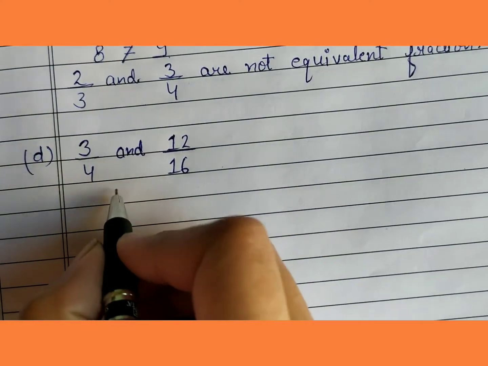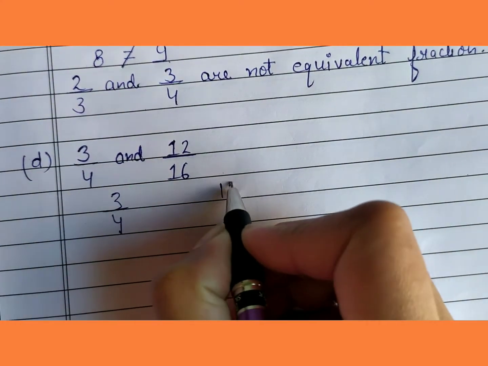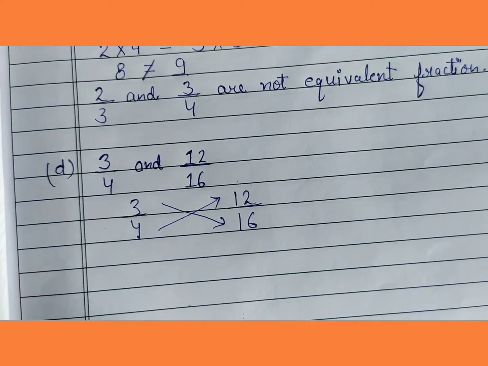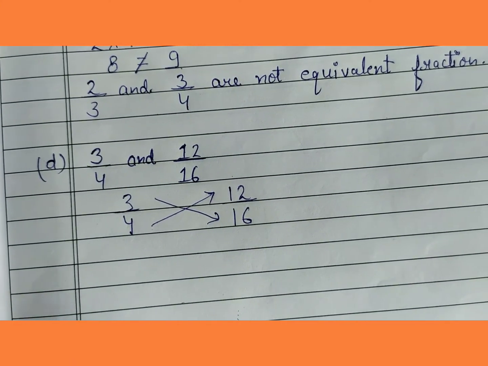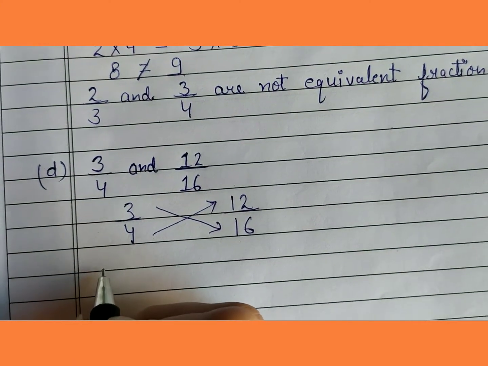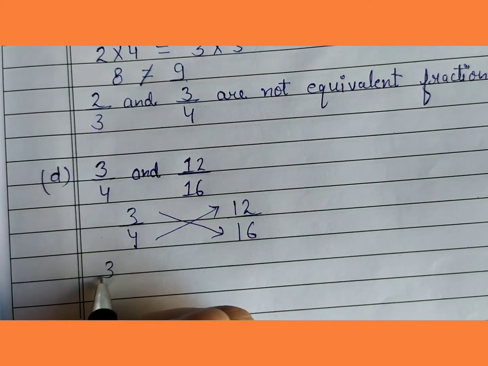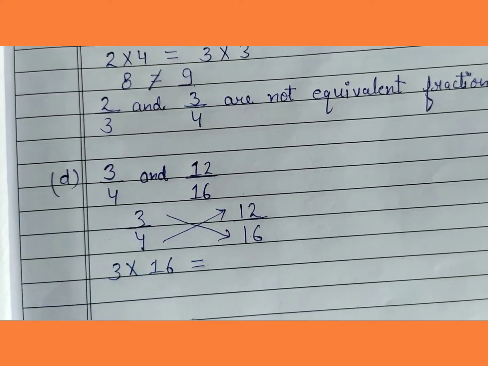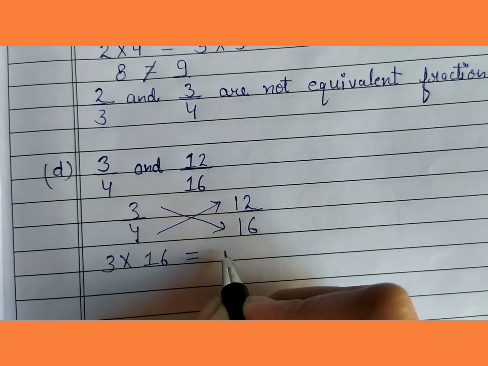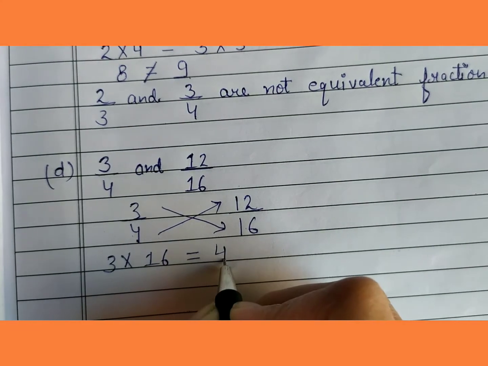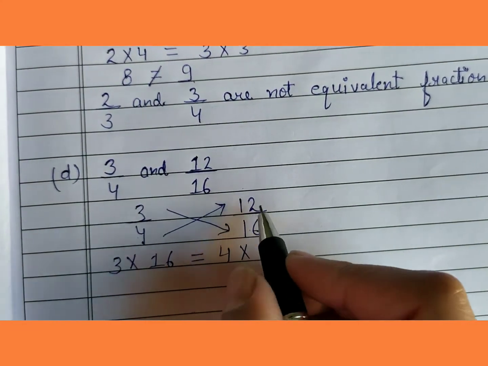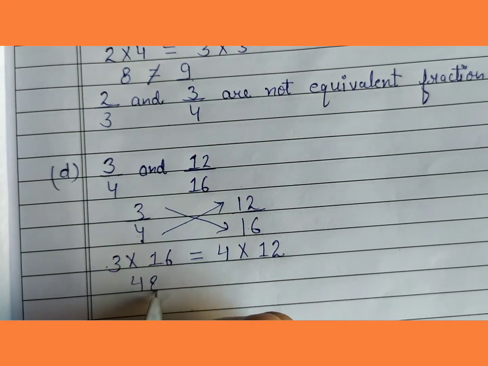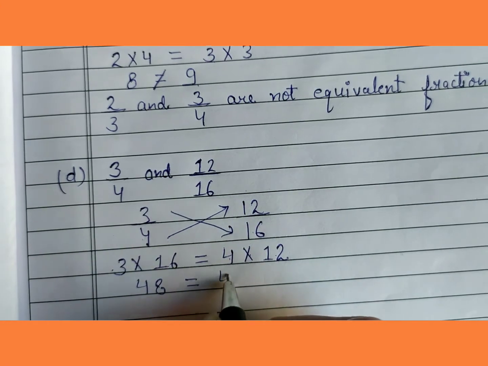Next is D. 3 upon 4, 12 upon 16. Two fractions are equivalent if the product of the numerator of the first, that is 3, and the denominator of the second, that is 16, is equal to the product of the denominator of the first, that is 4, and the numerator of the second, that is 12. 3 multiplied 16 equal to 48 is equal to 4 multiplied 12 equal to 48.